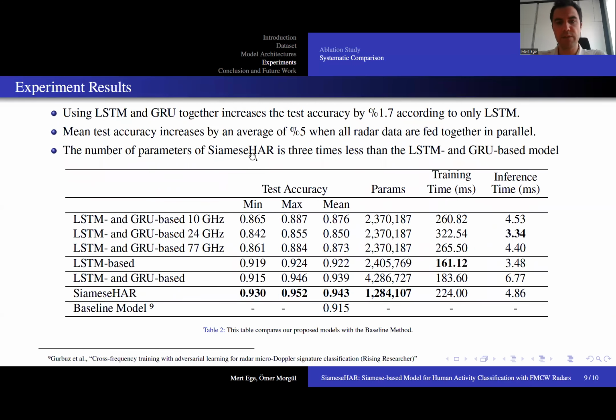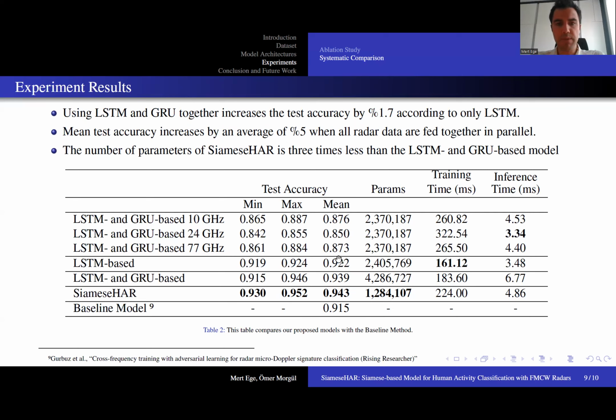In this slide, I will show the experiment results of our paper. When we use the LSTM and GRU together, there is a 1.7% increase in test accuracy compared to only LSTM. And also, when we use the 3 different FMCW radars in parallel, there is a 5% increase, and that can be seen in table 2.